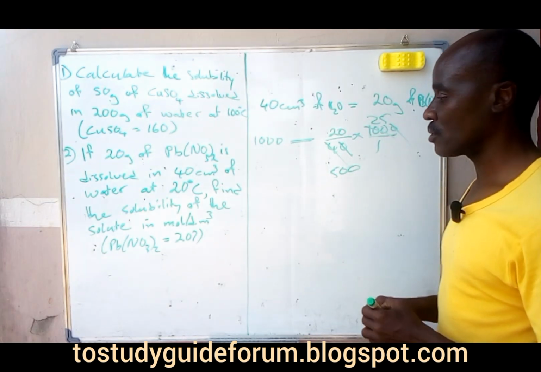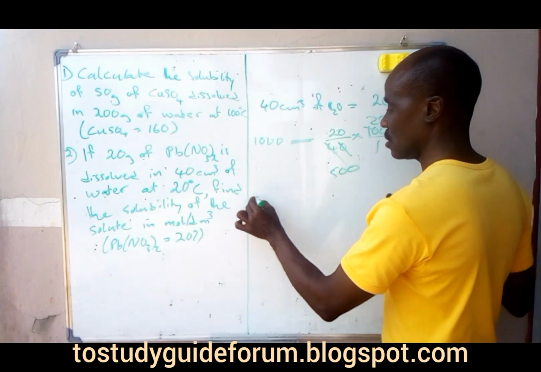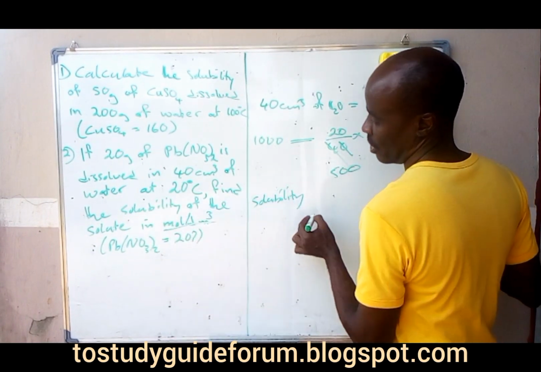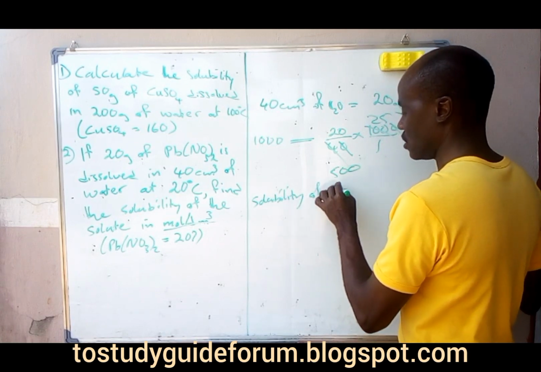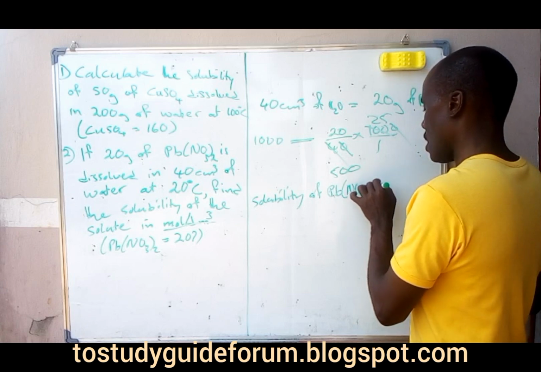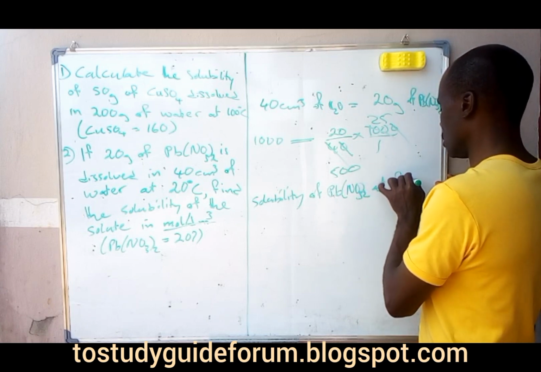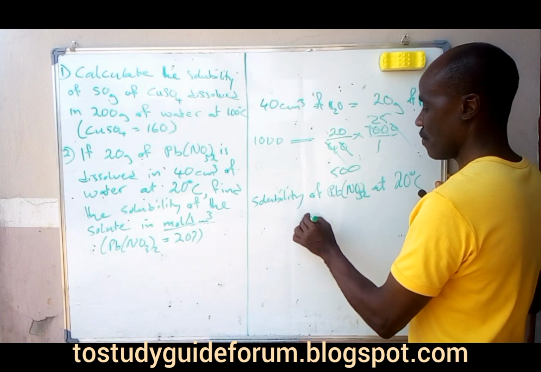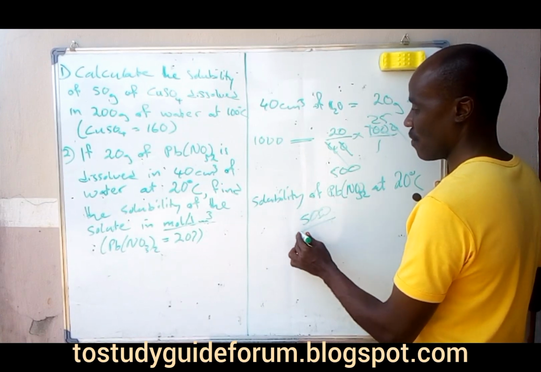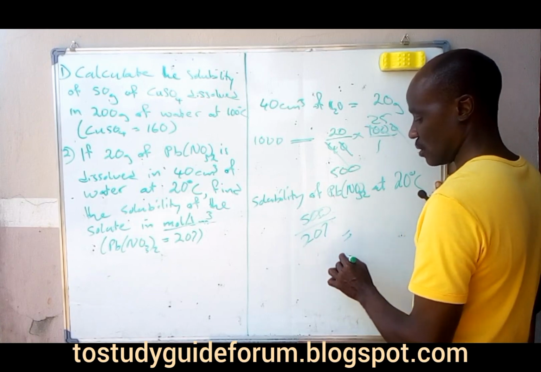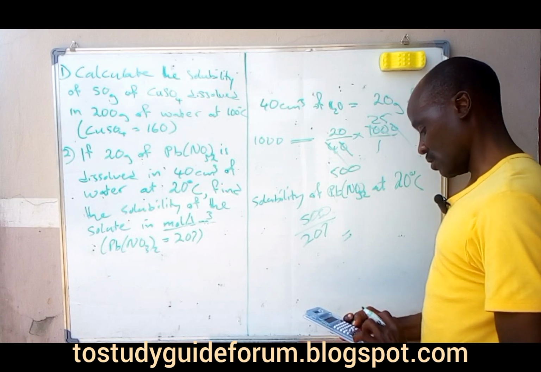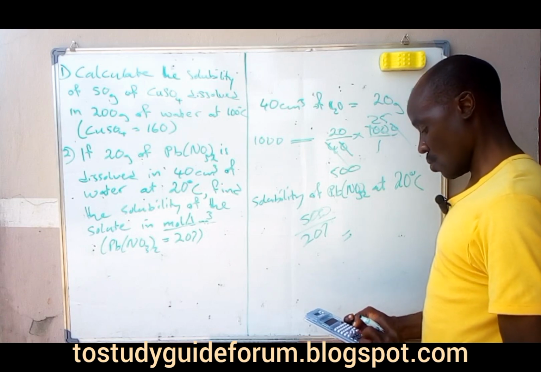Now we'll talk about the solubility. To get the solubility in mole per dm cube, the solubility of lead 2 trioxonitrate 5 at 20 degrees Celsius will be 500 over 207.